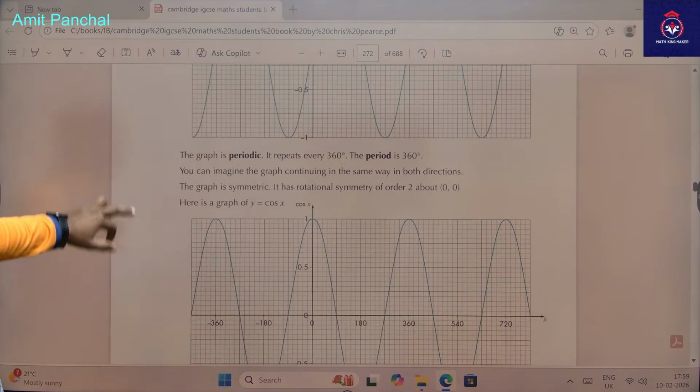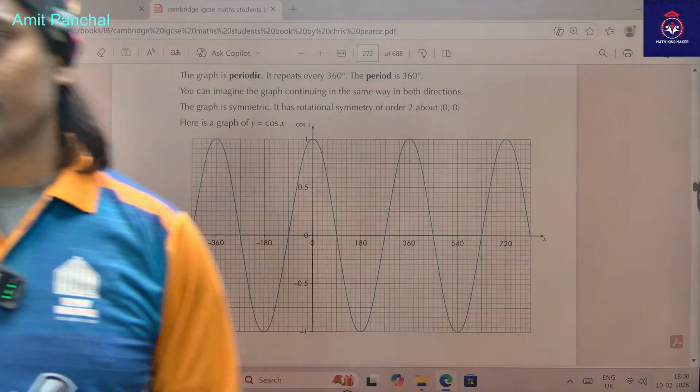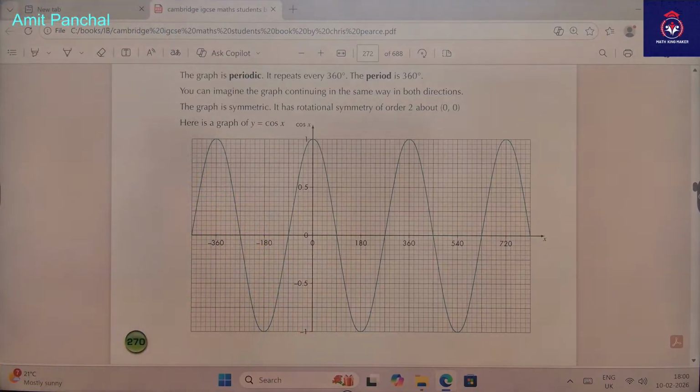Now in the same way you can imagine your cosine graph. You know the value of cos 0? It is 1.